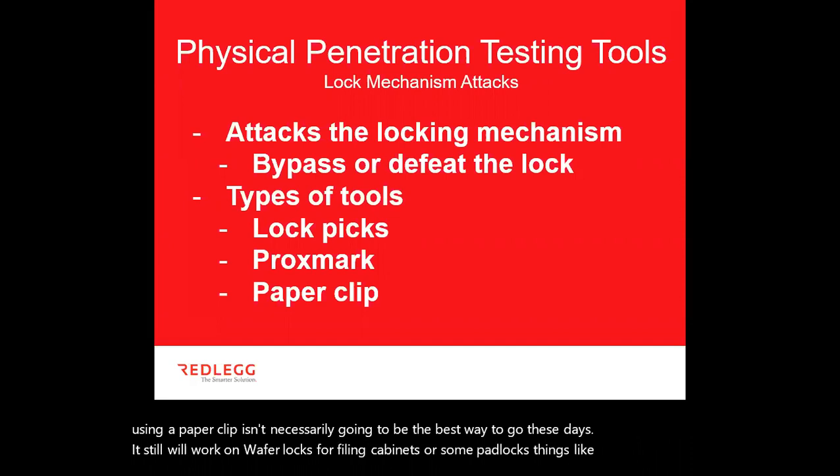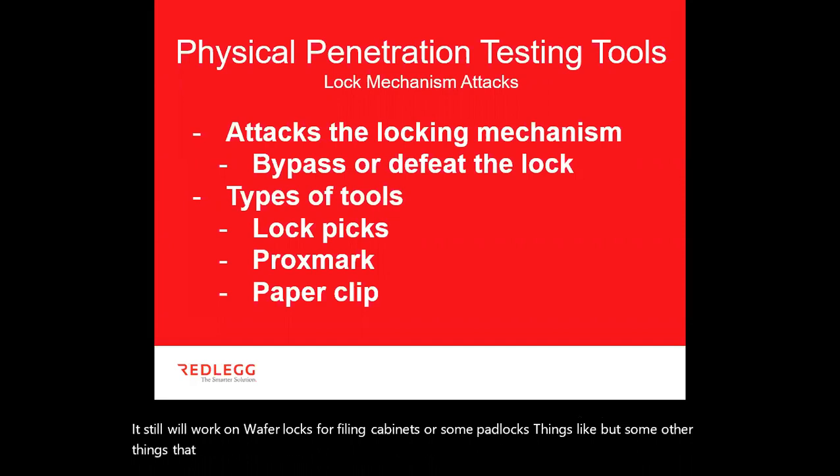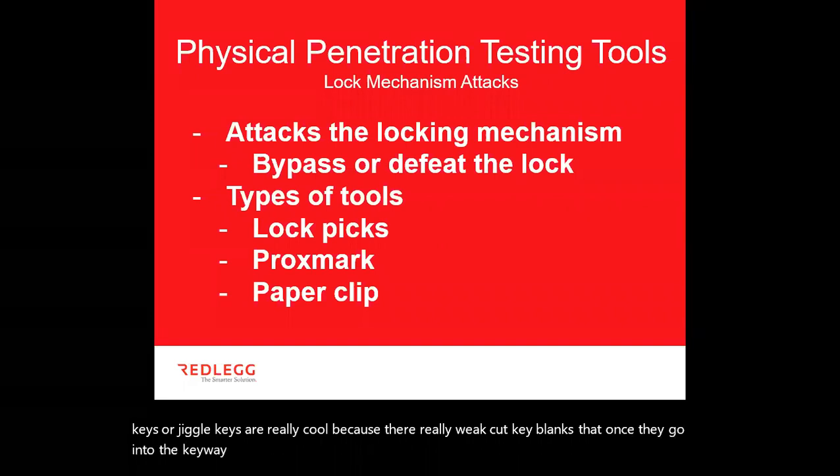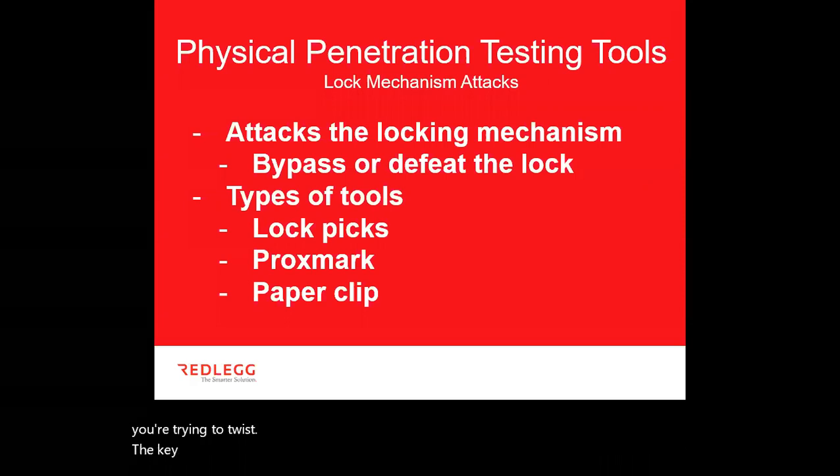Some other things that I think are really interesting for the traditional lock bypass is a bump key. Bump keys or jiggle keys are really cool because they're really weak cut key blanks that, once they go into the keyway, you literally whack them with a hammer right on the back of the key as you're trying to twist the key, and it bumps or jiggles the key pins into proper position up past the shear line to allow you to turn the cylinder.